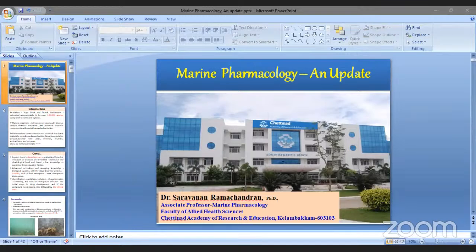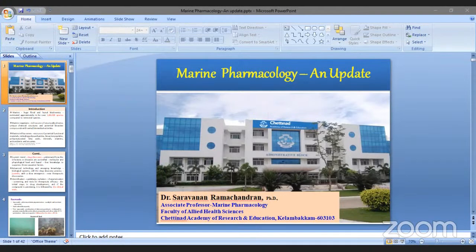Coming to this introduction, marine has huge floral and faunal biodiversity, estimated at approximately over 5 lakh species when compared to terrestrial species. Many of the species that exist in the ocean do not exist in terrestrial cases.